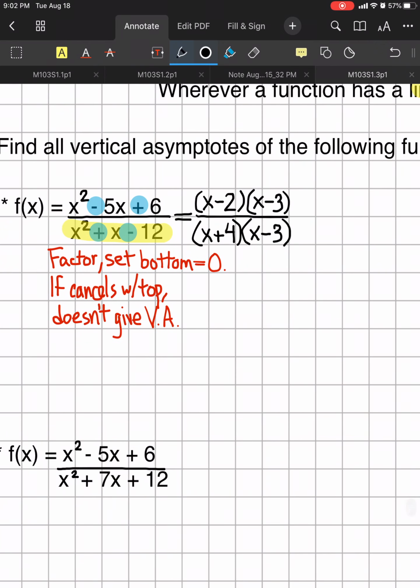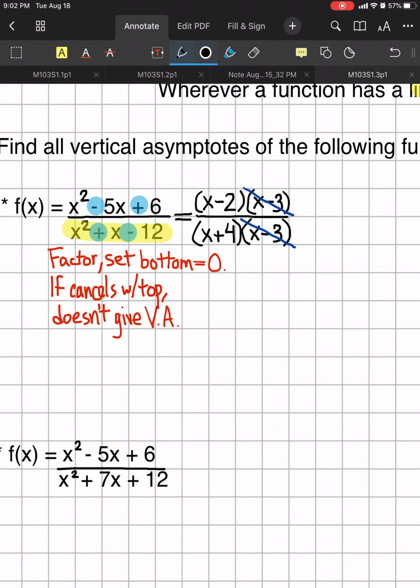Okay, now, if we look at that, do we see anything that cancels? Well, the answer is yes. We see that the x minus 3 cancels on the top and the bottom. And remember, if something cancels, we don't get a vertical asymptote there.